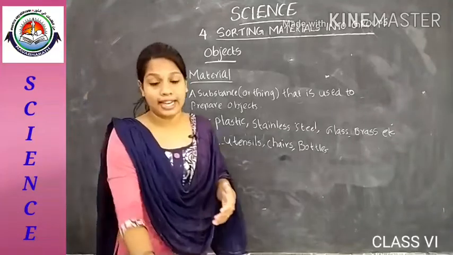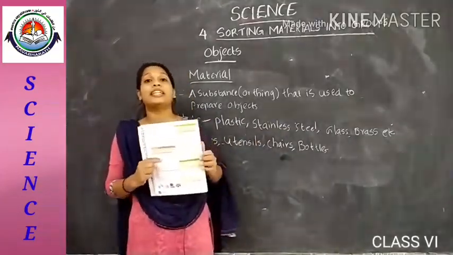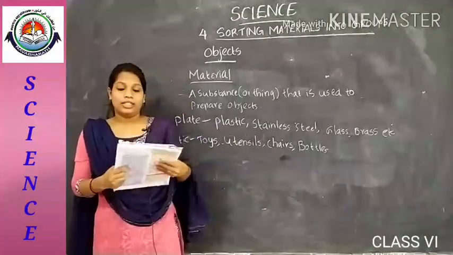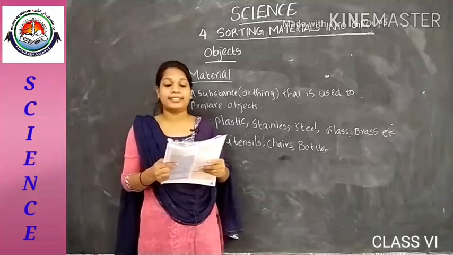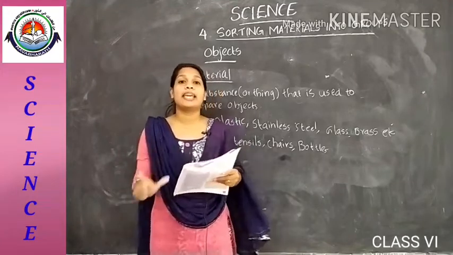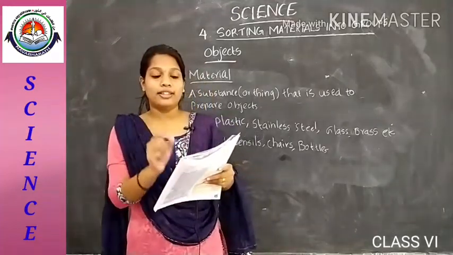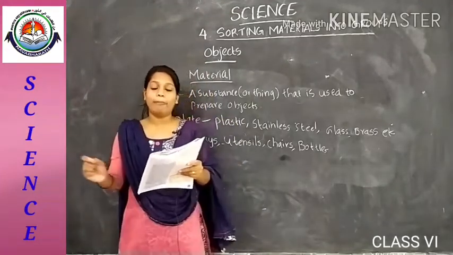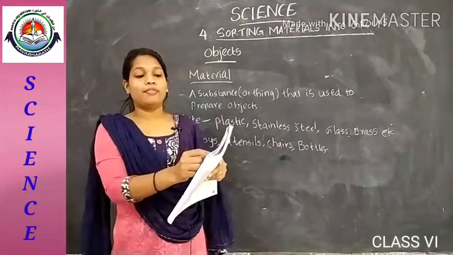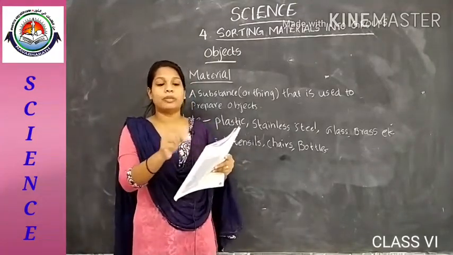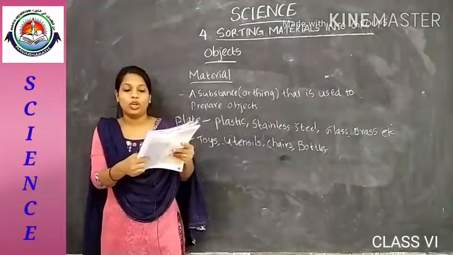So, there is another activity in your textbook, that is activity number 3, to find different types of objects that can be made from the same material. It is given that wood, glass, iron, copper, leather and paper. You have to find the objects made of this material by using the hints provided below.